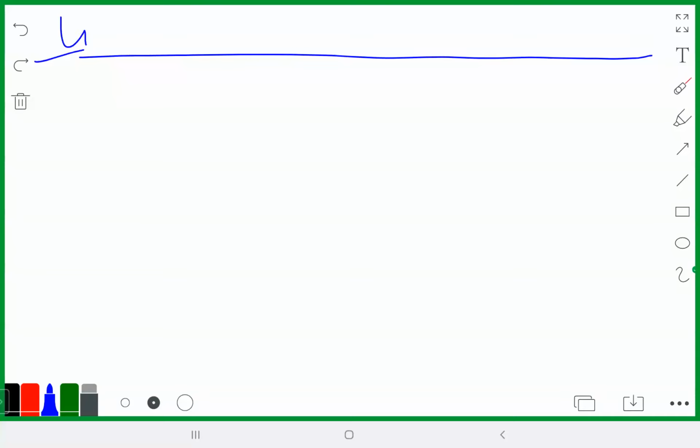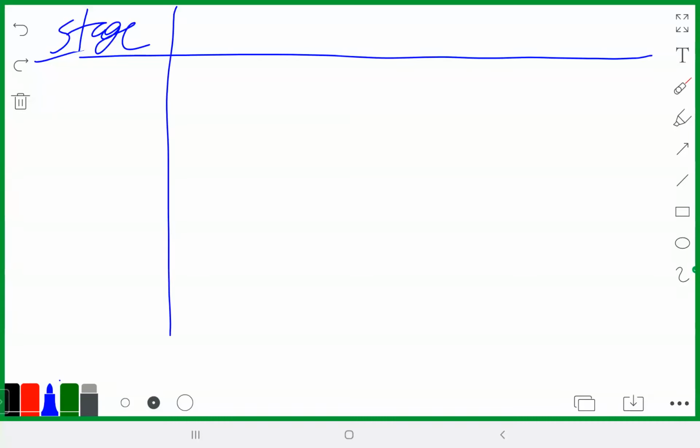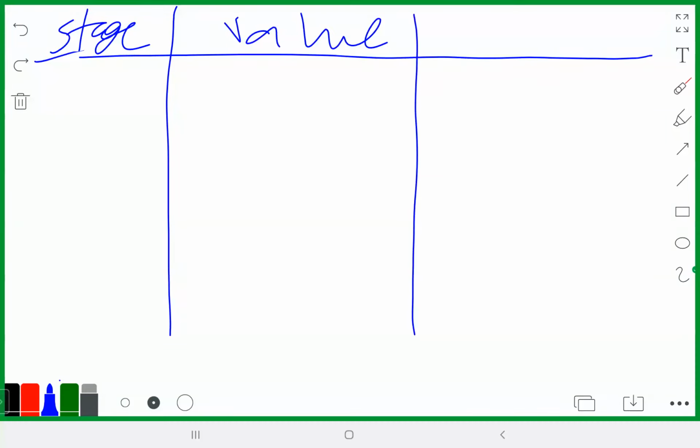So let me use this table. Let me tabulate this answer. Stage. These are stages of production. The value of the stage and the value added.